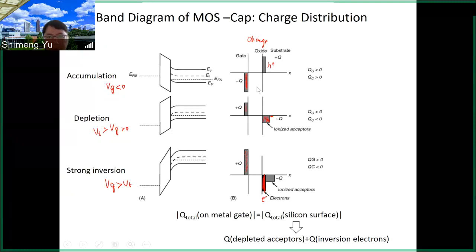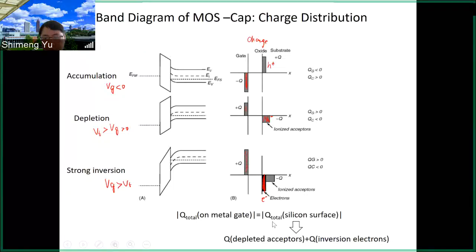But here the principle is that for a capacitor structure, for those two plates, no matter what, the charge will be balanced. So that's why here the Q total on the metal gate will be the same as Q total in the substrate, in the silicon surface.